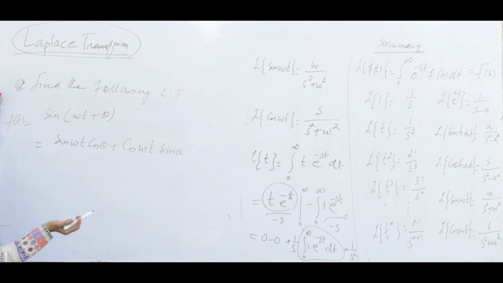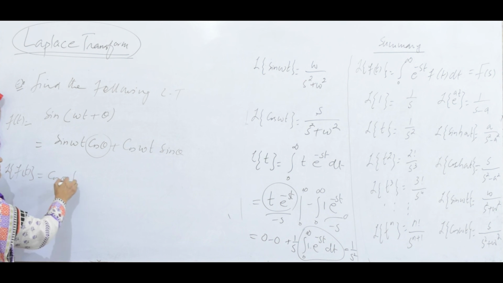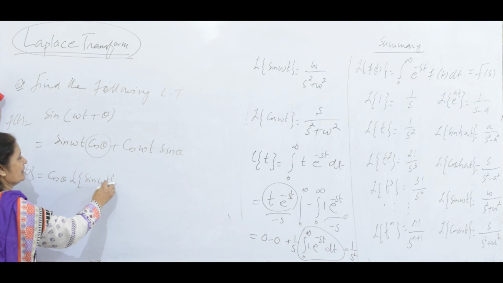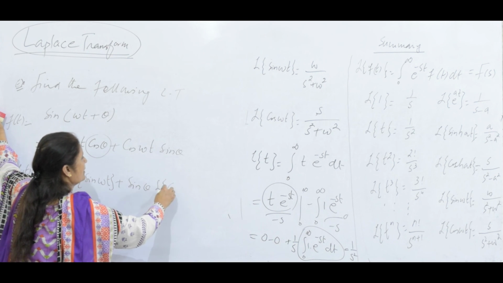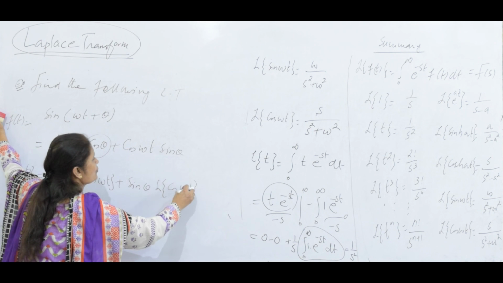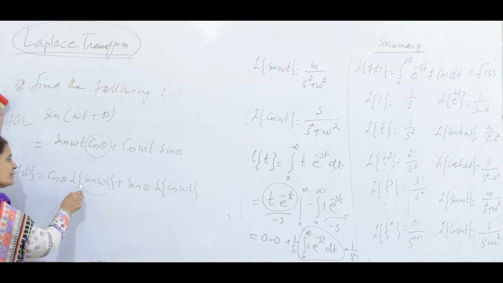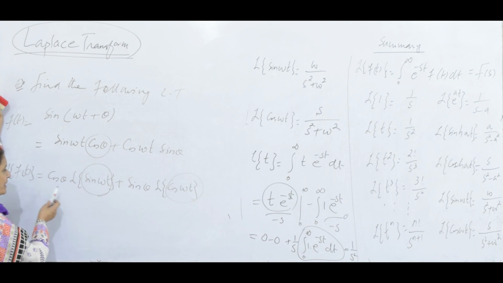Now taking the Laplace transform, cos theta is a constant taken out, times the Laplace transform of sine omega t. Then sine theta is outside, times the Laplace transform of cos omega t. You know the Laplace transform of sine and of cos omega t.